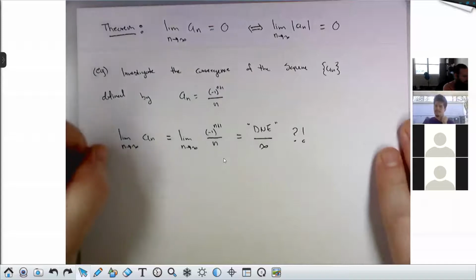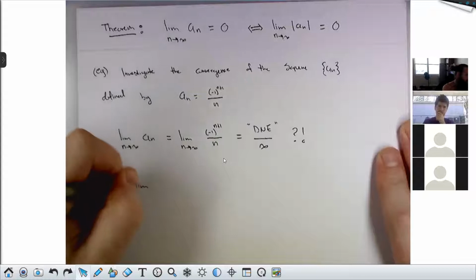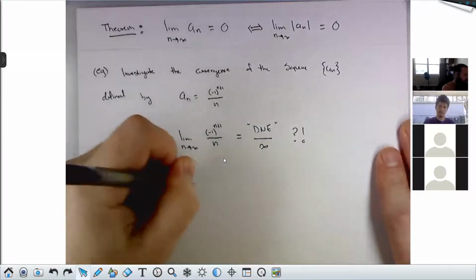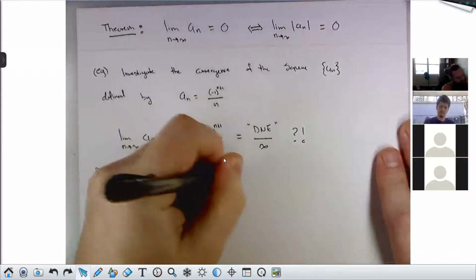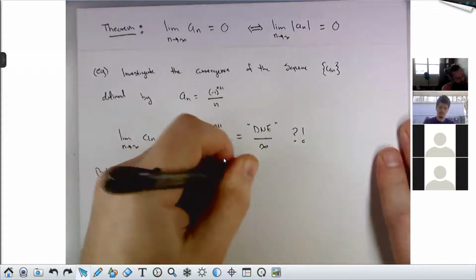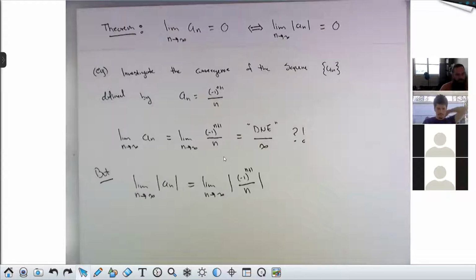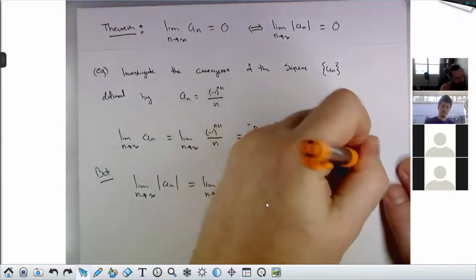But if you look at the limit of the absolute value sequence instead, that's the limit as n goes to infinity of the absolute value of (-1)^(n+1) over n. Now I can start to play around with this algebraically. Remember, absolute values play nice with multiplication.